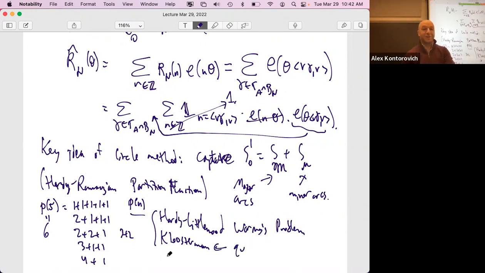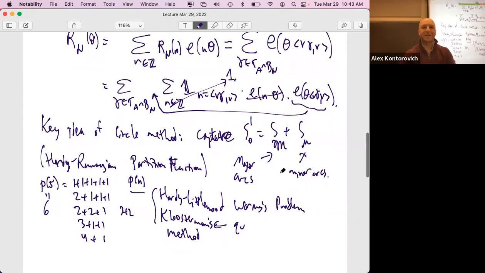Other people like to call this just Kloosterman's method, because it's really a slightly different idea, which is not to break up into major and minor arcs, but to have everything be major arcs. So you have an exact decomposition of the circle as opposed to some loose decomposition. But even with loose decompositions, you can still use some of Kloosterman's ideas to get extra cancellation.